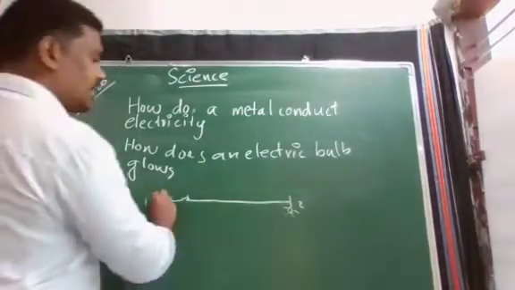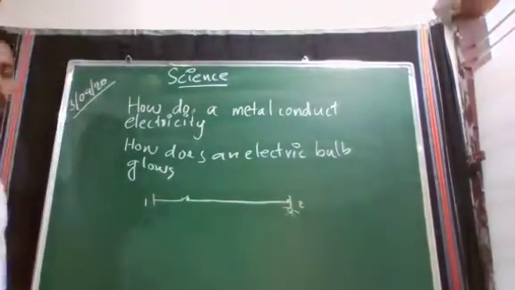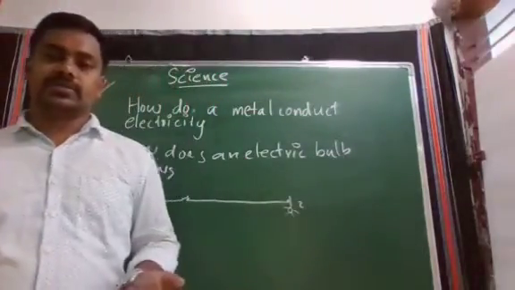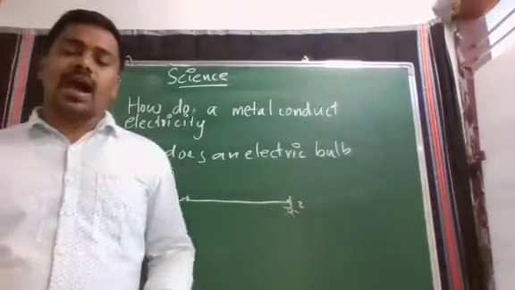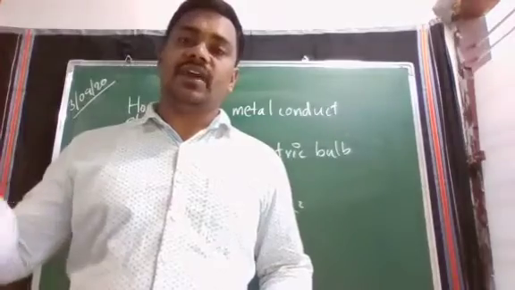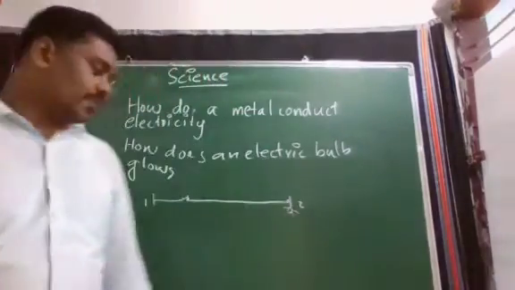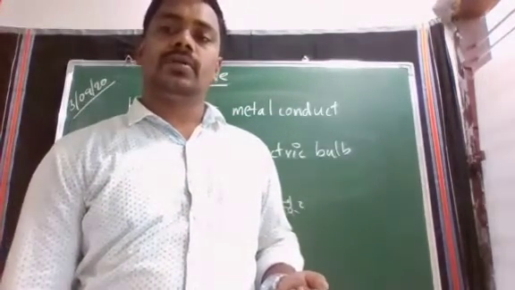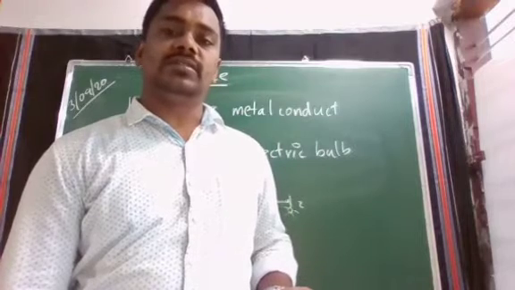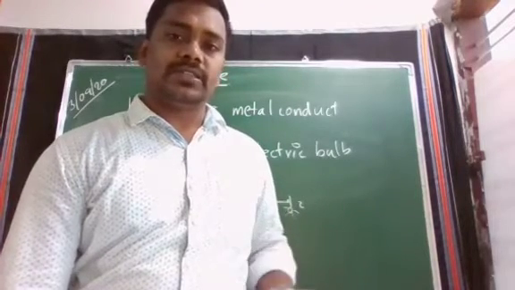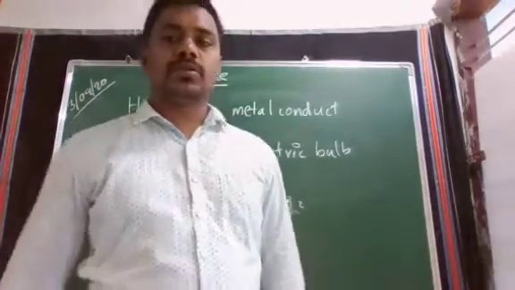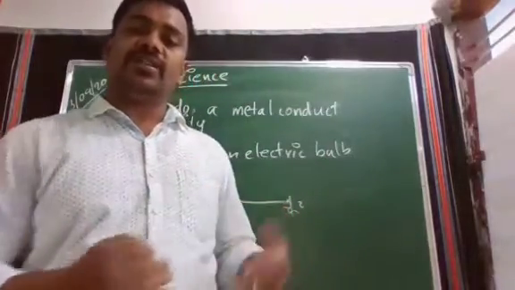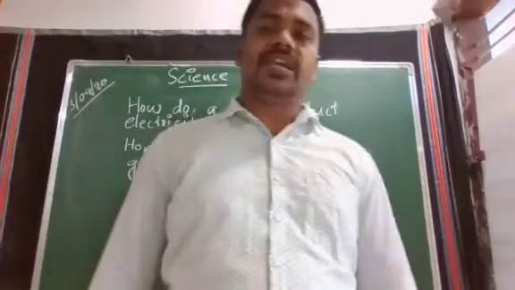We studied that the physical drift of electrons is a slow process, yet the light comes on suddenly, in a lightning fast process. The actual mechanism is very fast, and it happens with the help of electrons.